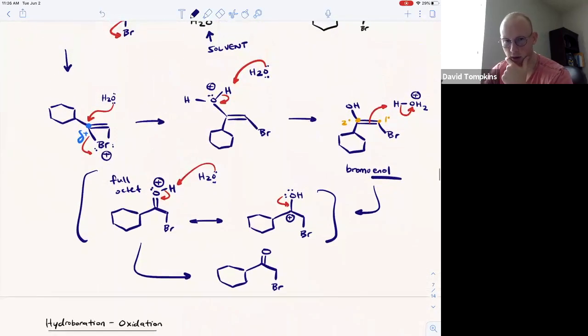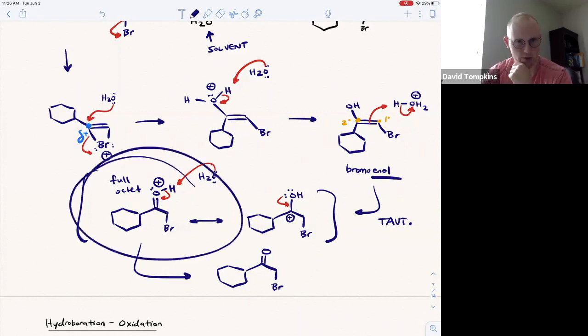Enols will tautomerize in strong acid, which we just made, by protonating an alkene. And protonation of an alkene gives a carbocation intermediate. Right? Carbocations can be stabilized by both hyperconjugation and by full octet resonance structures.